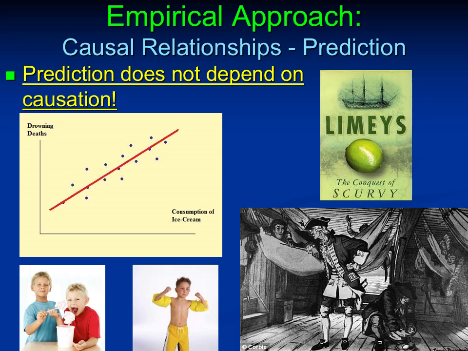They might have had some limited causation information, i.e. something about the lack of citrus fruit might cause or contribute to developing scurvy, but they didn't have the actual understanding. And I just figured out teaching this class that this is why British sailors were called limeys, because they used to load these limes on the ships. But again, this goal of prediction is not necessarily dependent on knowing exactly what's going on with causation.